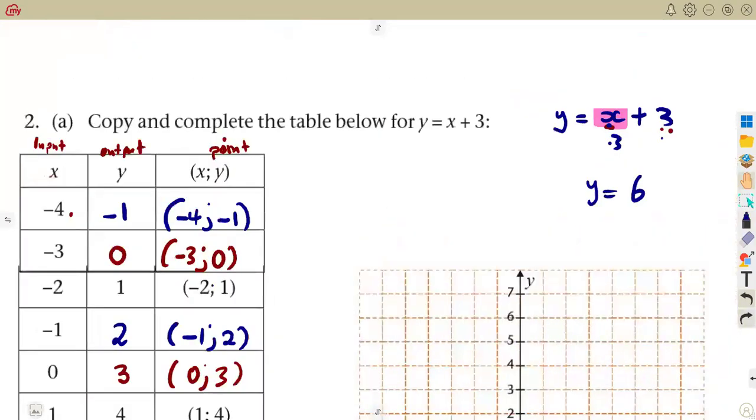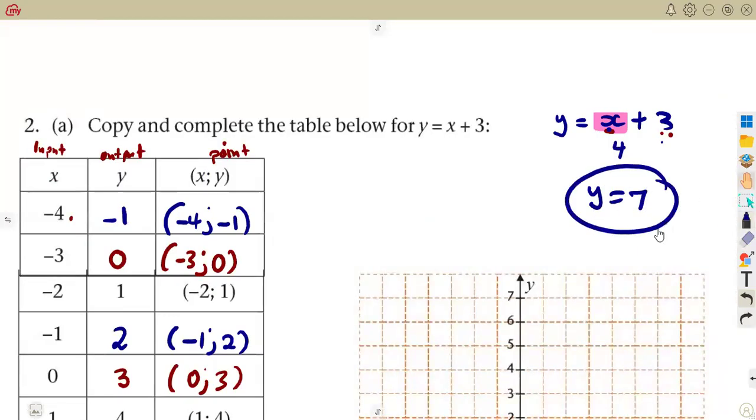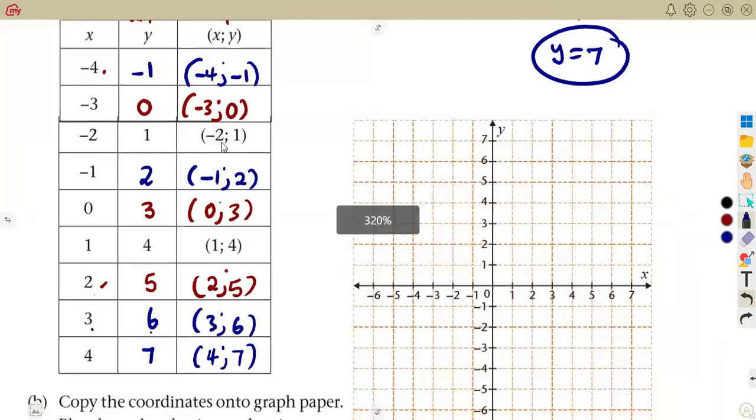In place of x, we now have a 4. 4 plus 3, so y is a 7. So that's the point, 4 versus 7. This is how you answer these questions when you are given it this way.